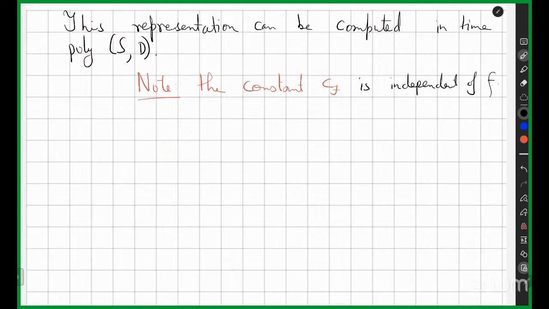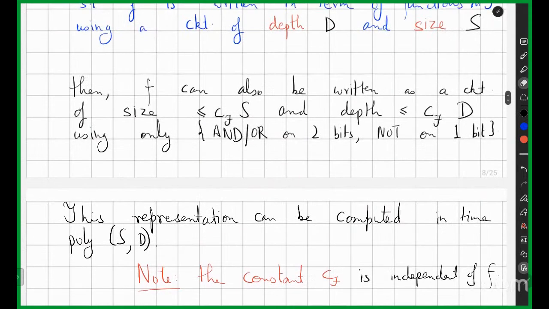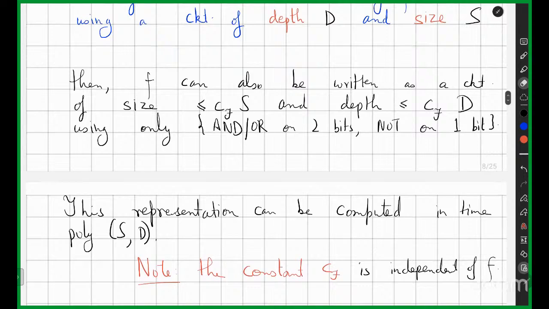But they're actually sort of trivial in the classical world. Oh, by the way, I should first say what size and depth are. Everyone has seen a Boolean circuit, right? In a Boolean circuit, you have some input wires and a final output wire.